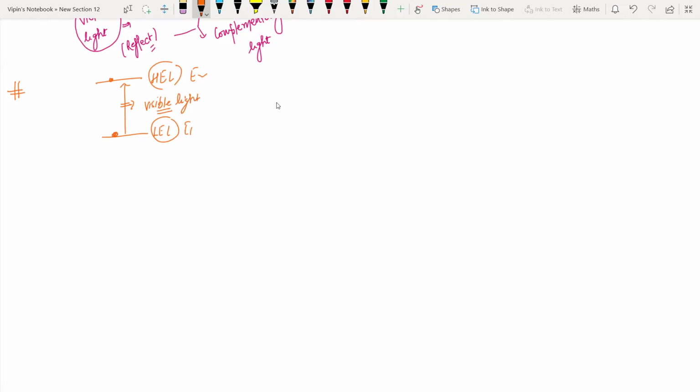But there are some restrictions. What kind of restrictions? Whether this particular electron on absorption of light will excite to this energy level or not. All kinds of light or conditions do not always lead to excitation of an electron from the low energy level to the high energy level.